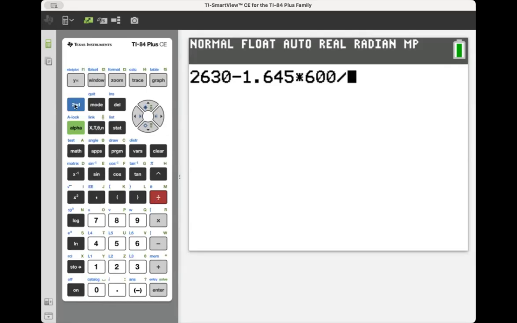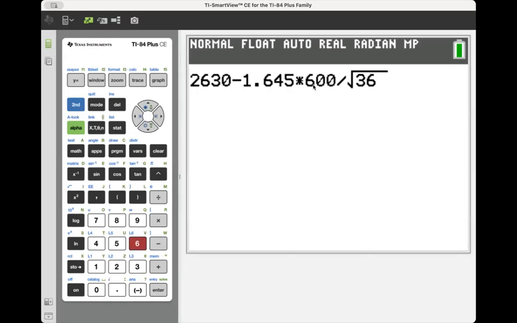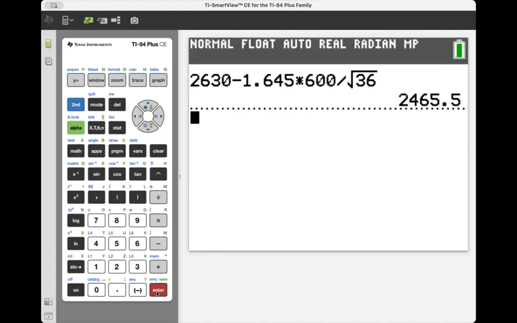If we do second square root, we'll get the square root symbol, and here we'll put 36. So adding parentheses around the 600 divided by the square root of 36 is optional, but it won't change the calculation here. So that's the lower end of our confidence interval. We're going to hit enter here and get the answer.